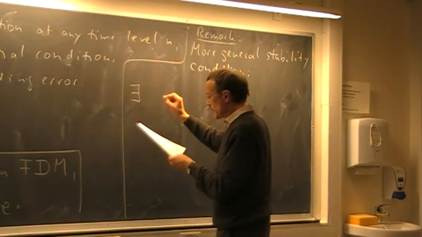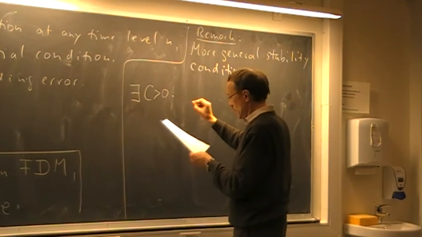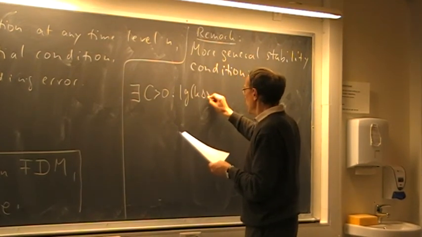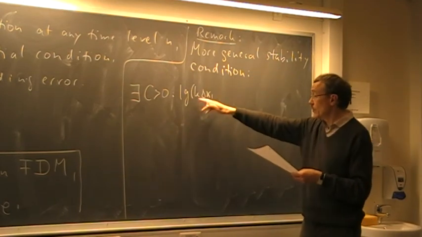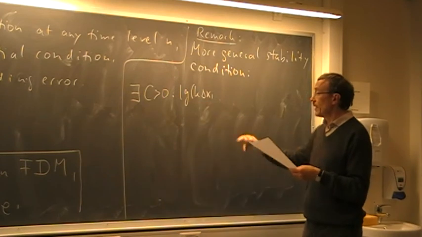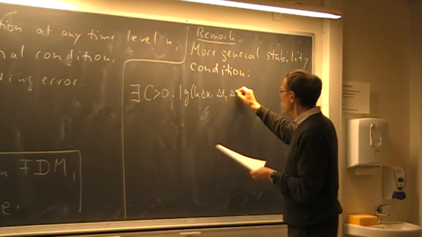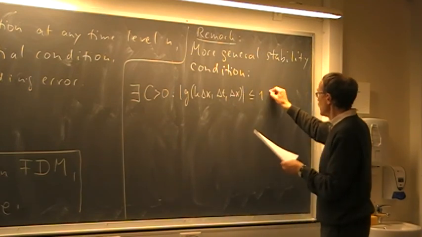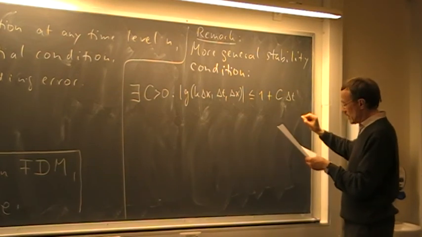There should exist some constant c greater than 0 such that the amplification factor, which is then usually dependent not only on the combination k delta x but also on delta t and delta x, is smaller or equal than 1 plus this constant c times delta t.